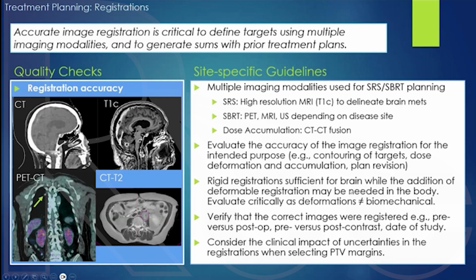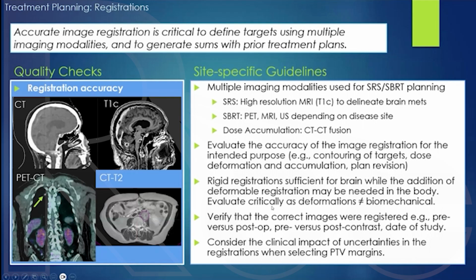And it's so important to be critical of deformable registrations because the algorithms may not be biomechanical. That is, the images may look reasonable, but the vector fields may not be physically realistic. It's important to review the vectors.